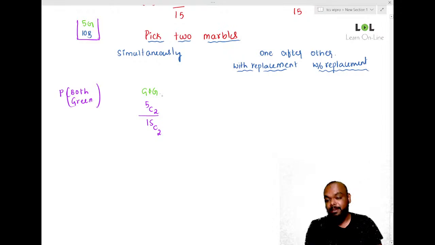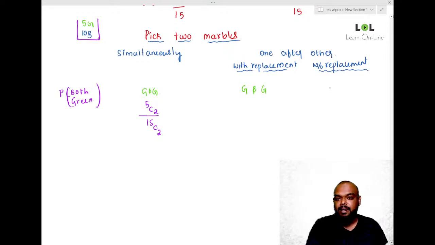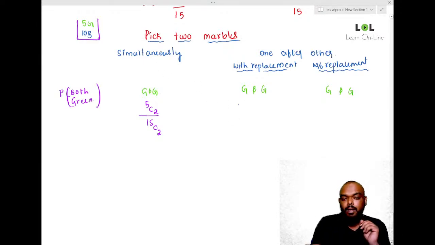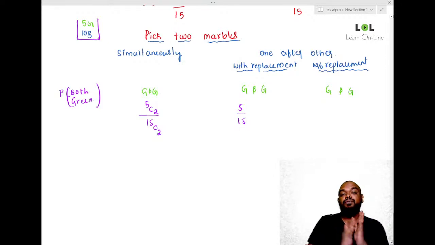That is simultaneously. But when you come to with replacement, green and green. When you are picking the first marble with replacement, the probability of getting green color is 5 by 15.